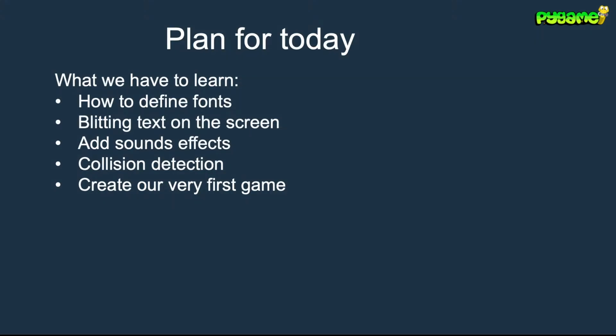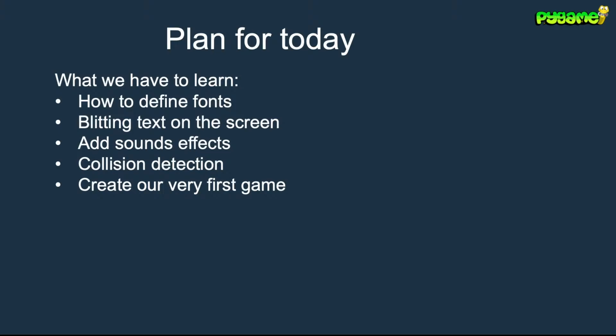For example, we need to check the score or how many lives we have, and how to bleed this text on our screen, or how to work with custom fonts. Also, we'll add the sound effects. Today we work with the dragon and with the coins, and when we lose the coin, we'll play the miss sound effect.